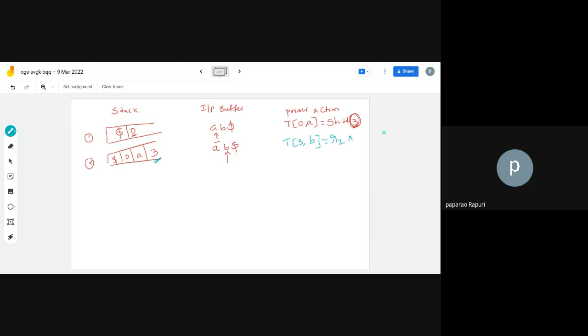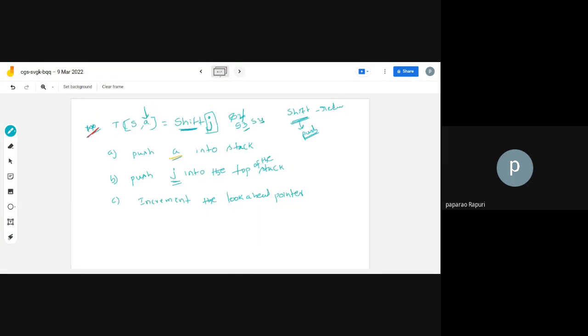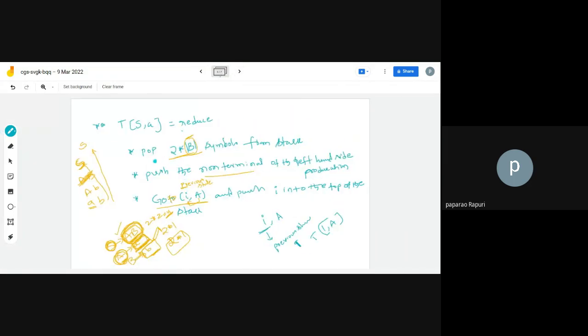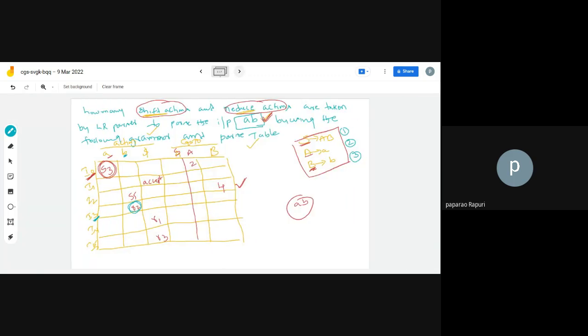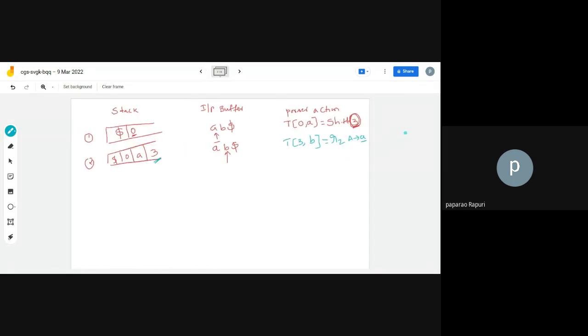That means A derives small a. At the time of reduction, what do we have to do? We need to pop 2 times the length of the right hand side. Here the right hand side means the symbols on the right. How many symbols are there, sir?